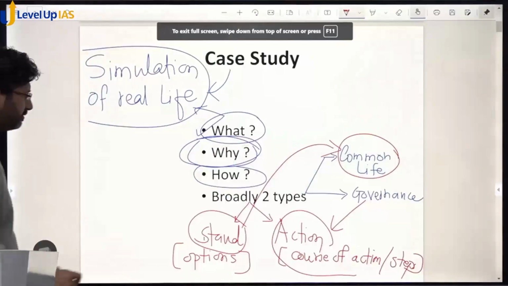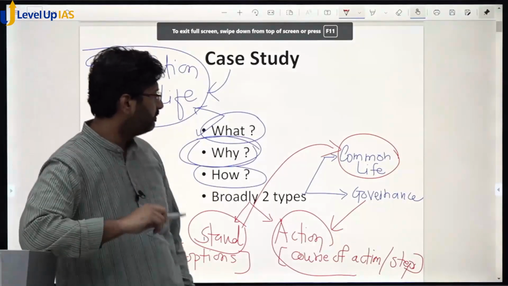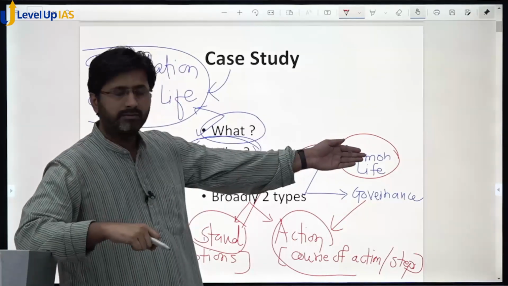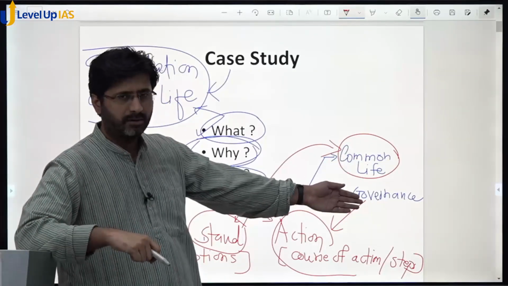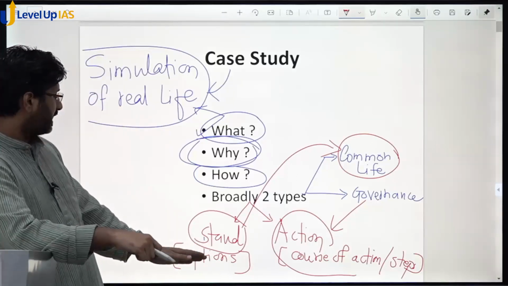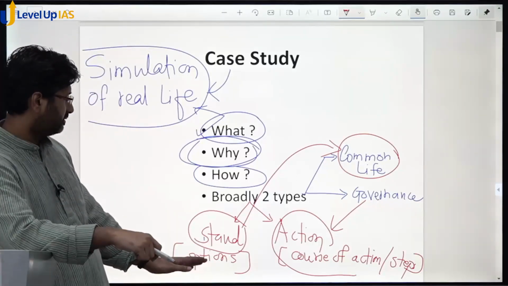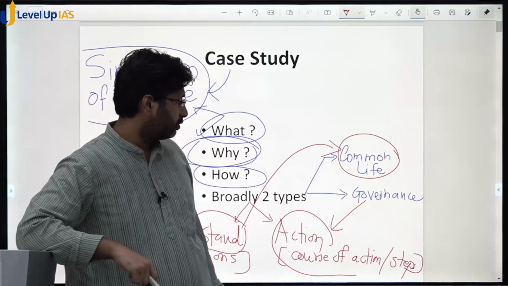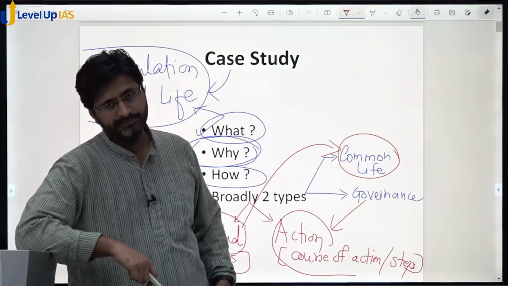Okay, so when we say that there are broadly two types, one is from the first part of the paper, the other is the second part of the paper. Ethical stand, and then action, course of action or steps.